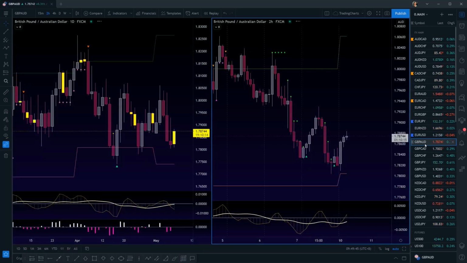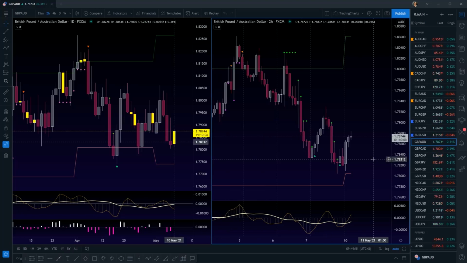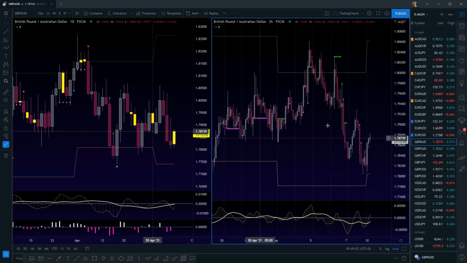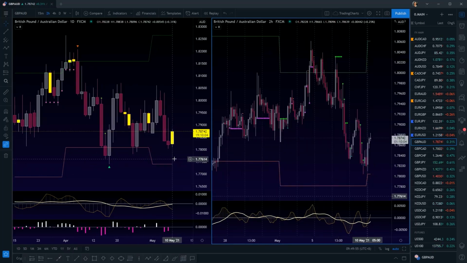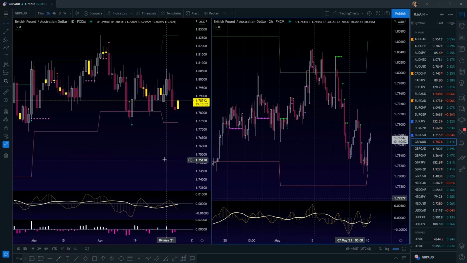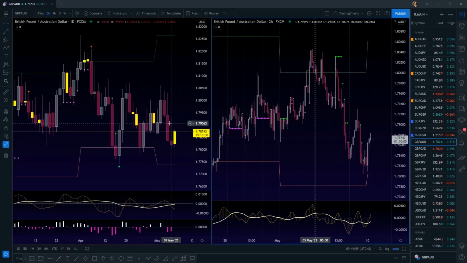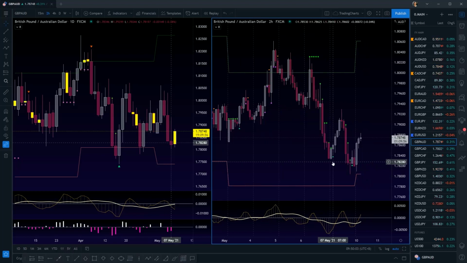So next, pound Aussie dollar. It's just not so nice. 2-hour charts.